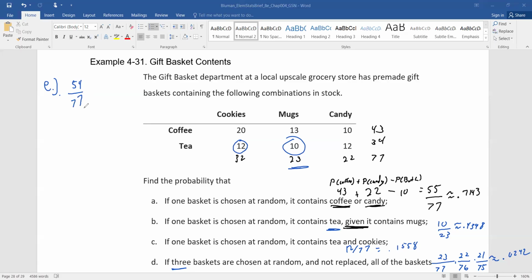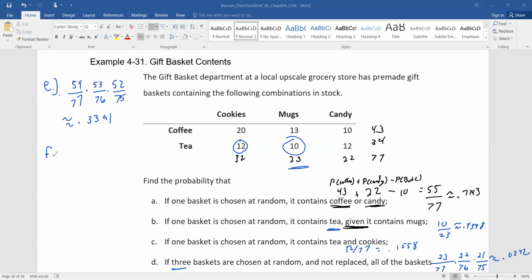It says I want 3 baskets not replaced, so that means the numbers will go down by 1 until I have 3 of them. So then this comes out to be about 0.3391. So a 33.91% chance that you'll get 3 baskets with no mug.